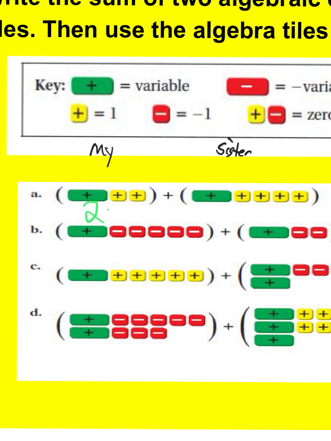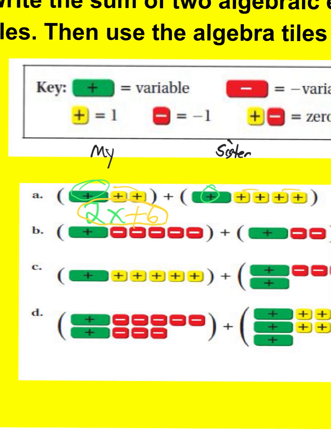And what should we call these? Skittles? How many of those do we have? We have 2, 4, 6. So we have 6. So when we add expressions, it's really like combining like terms.